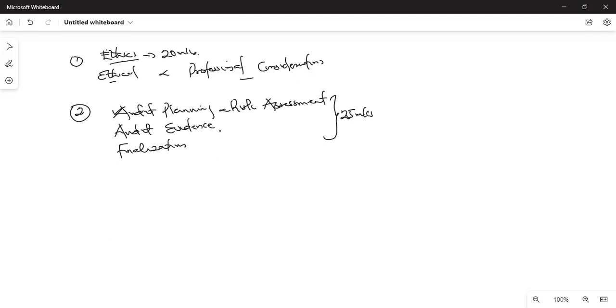Now, last week we dealt with the audit planning aspects of it. When we were dealing with this, we started by talking about the audit plan in terms of the strategy and the audit plan itself. We went through all those things. And we came to a point where we discussed the risk-based approach to auditing.